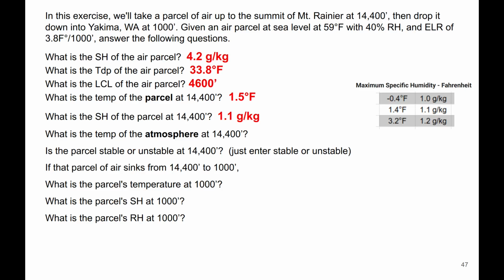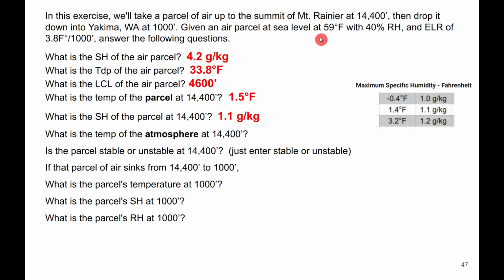We know the temperature of the atmosphere at sea level, that's 59 degrees, and we know the environmental lapse rate, 3.8 degrees. So now we're going to find the temperature of the atmosphere, and to do that we're going to use the environmental lapse rate.